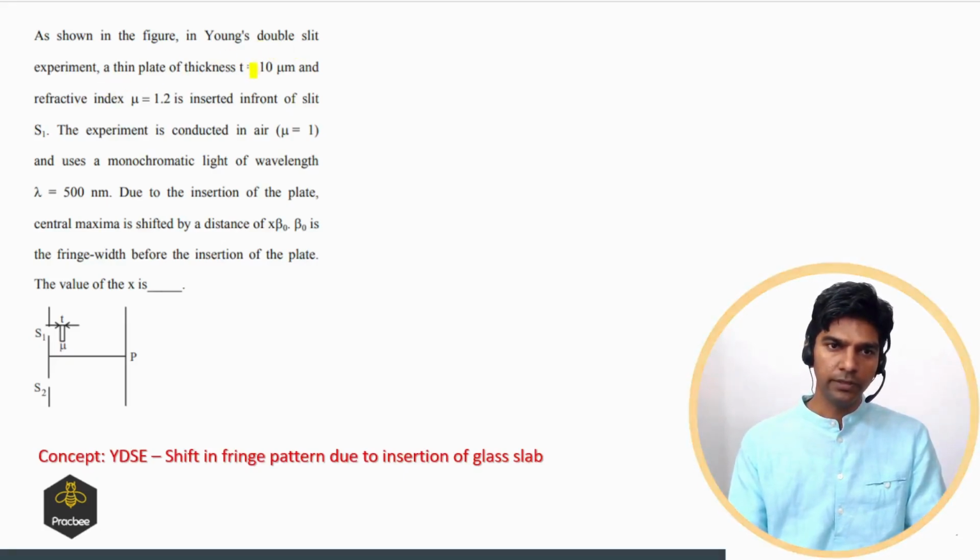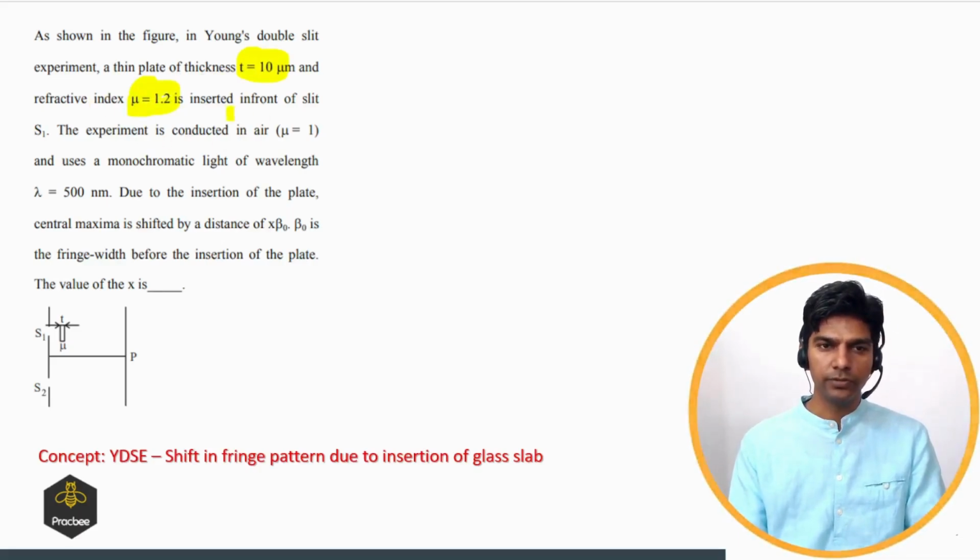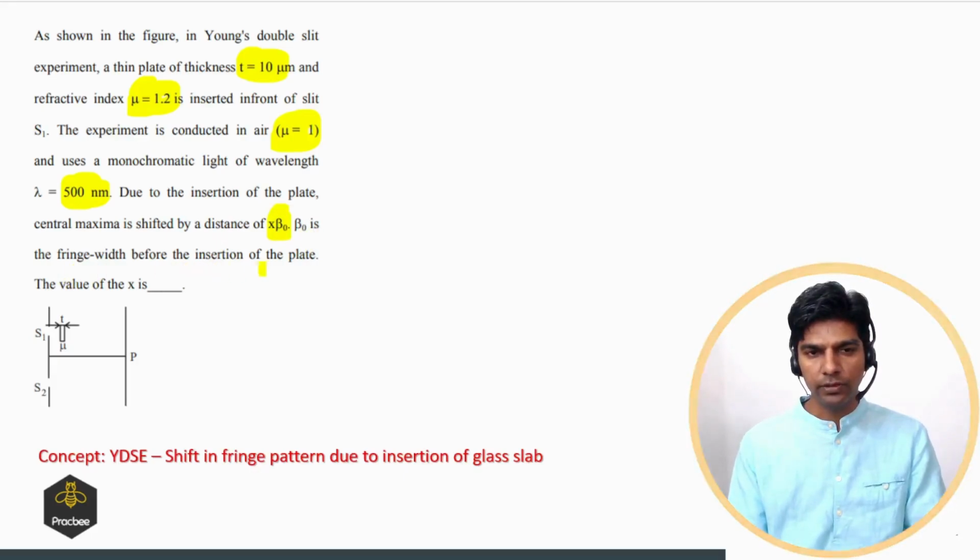In Young's double slit experiment, a thin plate of thickness 10 micron and refractive index 1.2 is inserted in front of the slit S1. The experiment is conducted in air, refractive index is 1, using monochromatic light of 500 nanometer. Due to the insertion of the plate, the central maxima is shifted by a distance x beta naught, where beta naught is the fringe width before the insertion of the plate. The value of x is?